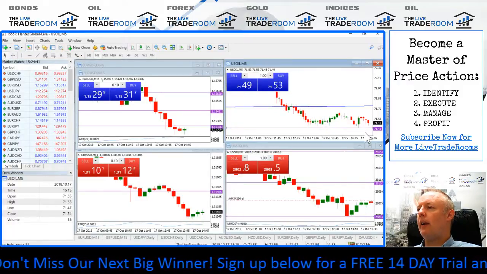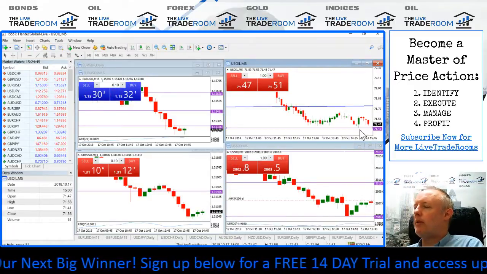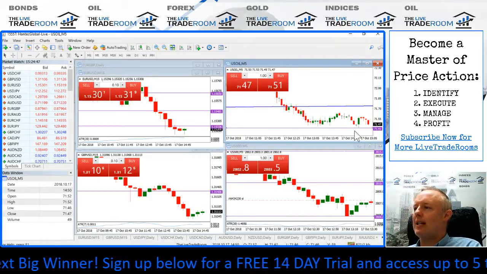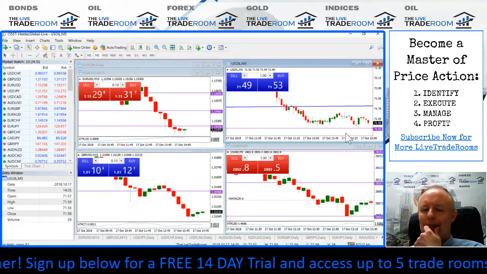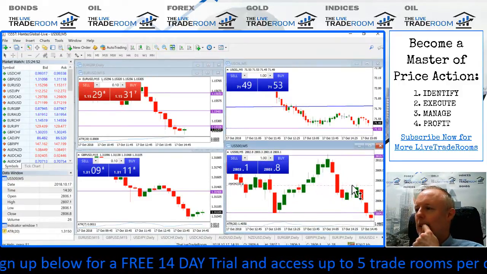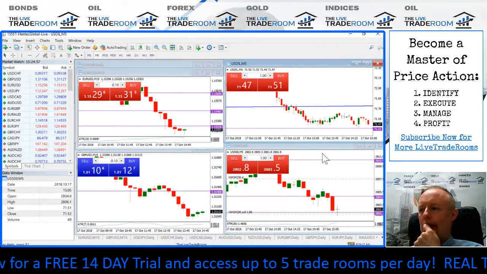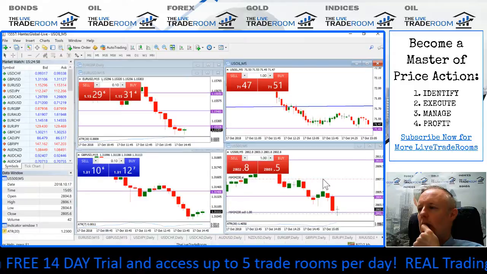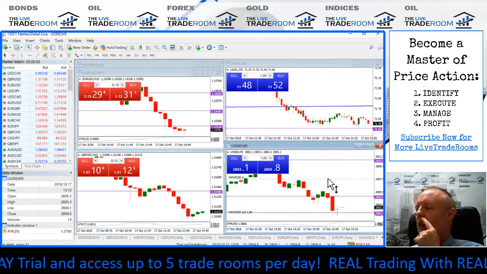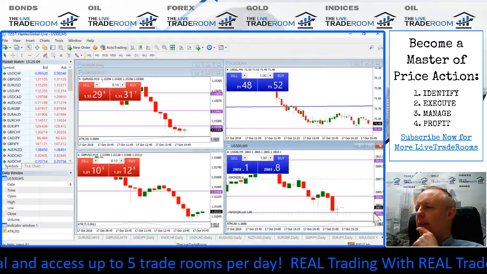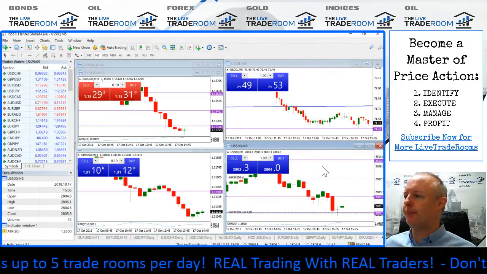We may get another flush to the downside. If so, it might be worth considering getting into post, or should I say pre, crude oil inventories data. So we've only got like a 5-point stop loss in this market.